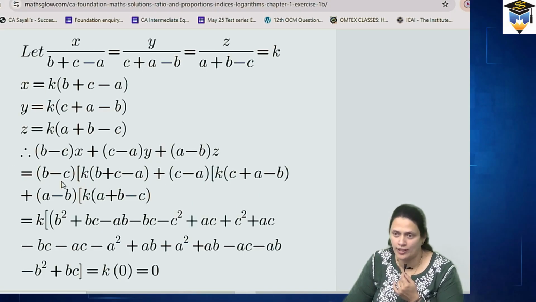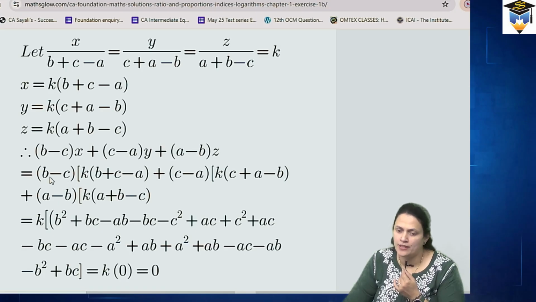Okay, so that you don't get confused. Then inside bracket b minus c into b plus c minus a. So multiply. So b square plus bc minus ab minus bc minus c square plus ac. Similarly here k is taken common. So c square plus ca minus cb minus ac minus a square plus ab. There should be plus minus a into minus b.